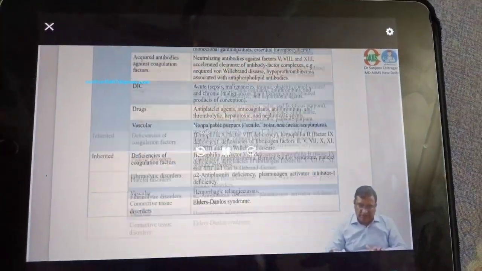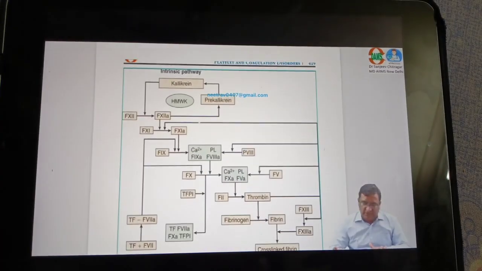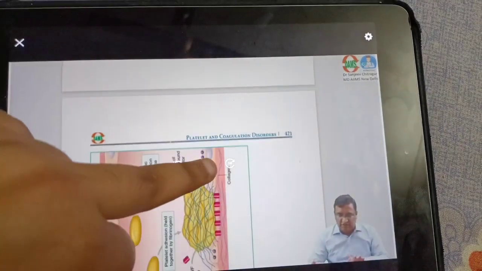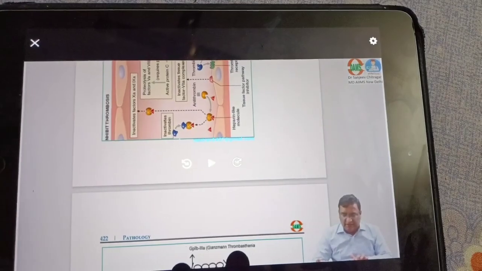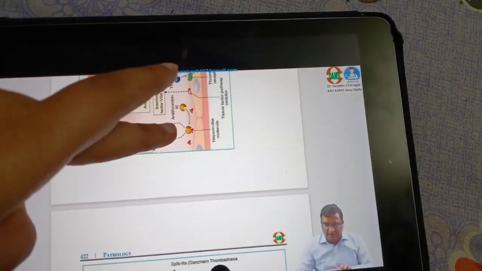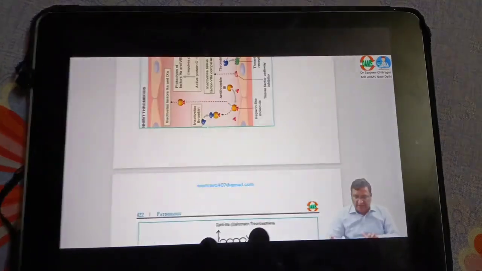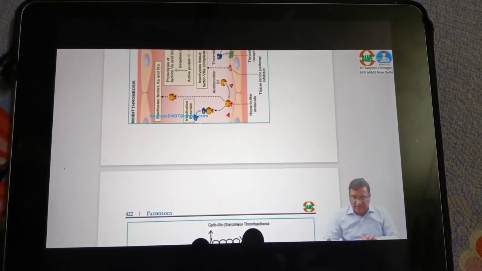Basically, I'll start with the basic concepts in the manifestation of bleeding. As you can see, there are flow charts, there are diagrams, then again there are flow charts. It is a kind of revision thing, and it is great for revision after you have completed a topic.